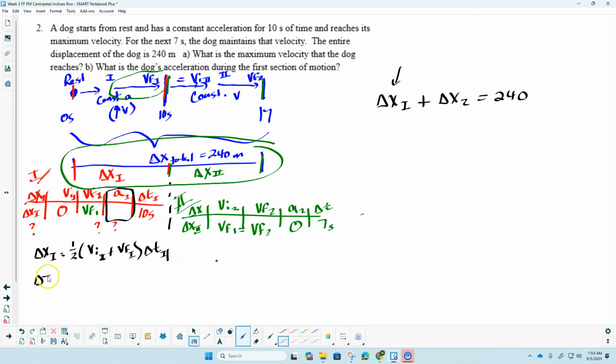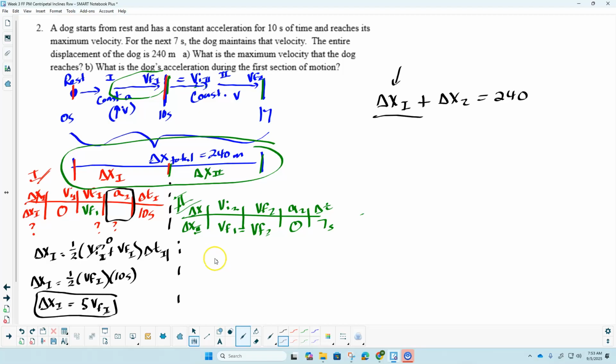So delta x1 equals 1/2 times VI1, that's just 0 because it starts from rest, plus VF1, the final velocity in section 1, times 10 seconds. That's how much time goes by. So I can simplify that a little bit and get delta x1 is equal to 5 VF1. Okay. So that's not too bad. We have a relationship. We're going to use that later on and insert it up here in a little bit.